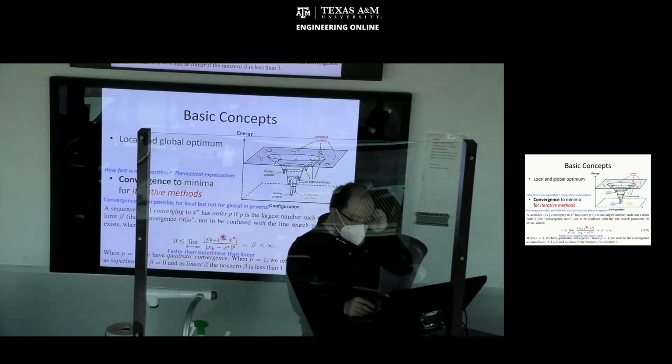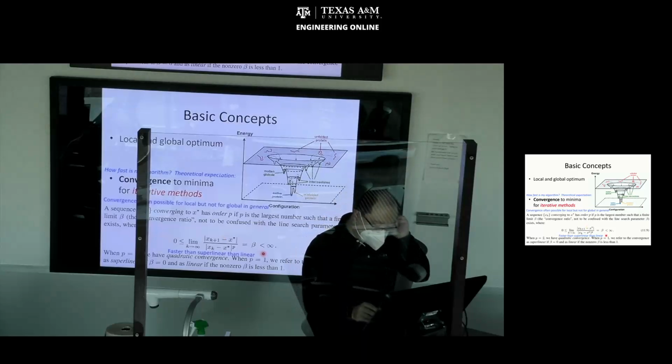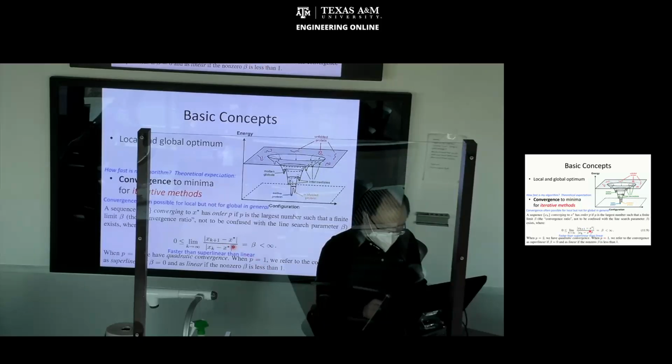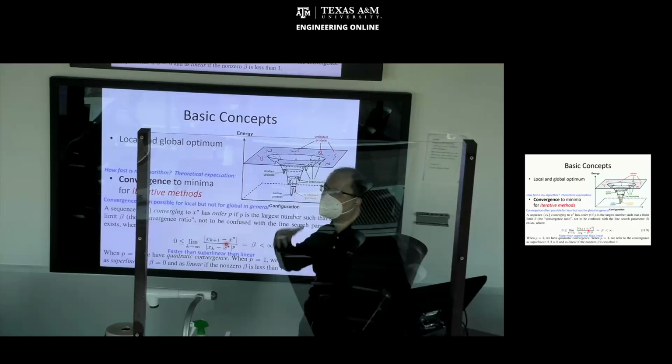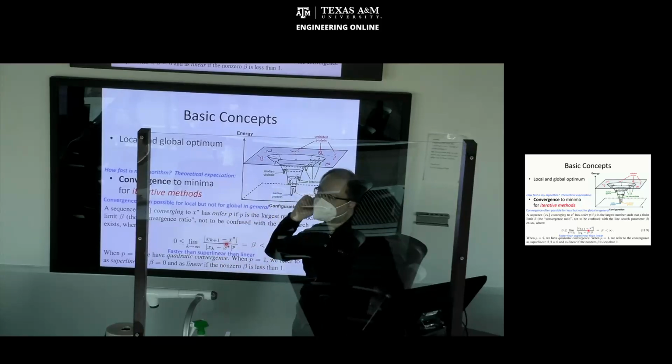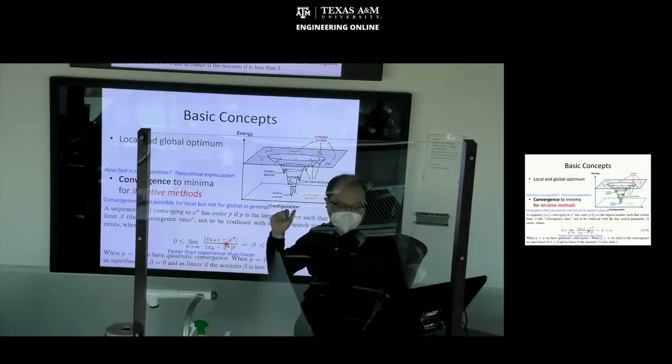If p equals 1, we have to look at whether beta is 0 or non-zero, okay? So if beta is non-zero and less than 1, then that means at every iteration, the present distance to the global optimum is always closer than the last step's distance to the global optimum, all right? So in that case, we call it linear convergence.